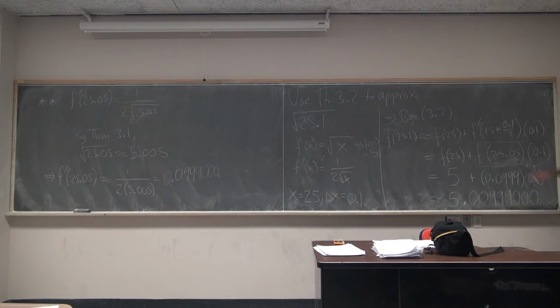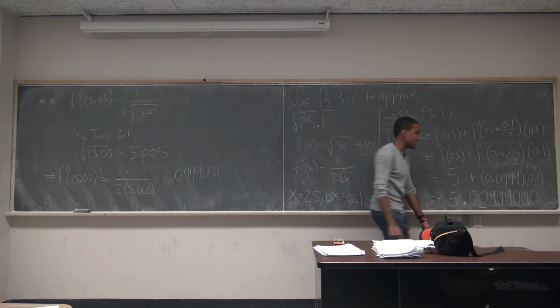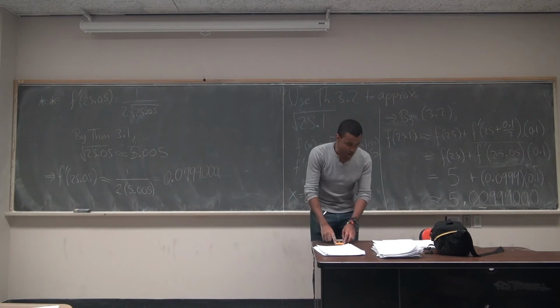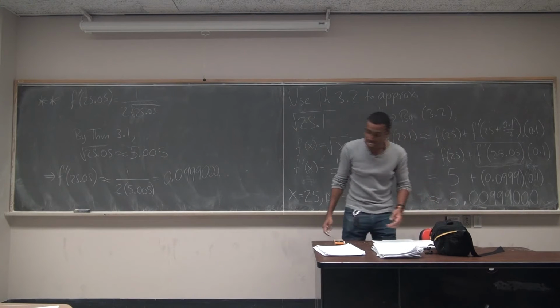Which means with this theorem 3.2, I was actually correct up to 1, 2, 3, 4, 5, 6, 7 decimal places. Whereas with theorem 3.1, I was only correct up to 2 decimal places, right? I'm within a millionth, or within 10 millionth of the answer, right?